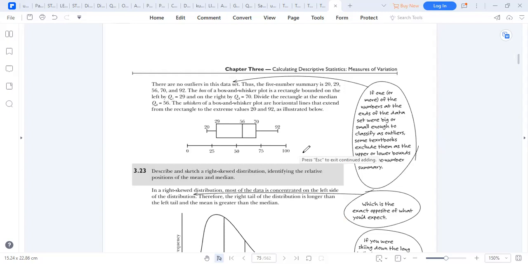Now, 20 is the lowest number and the highest number was 92. The first quarter we found was 29, the median 56, and the third quarter 70, which we have illustrated here.